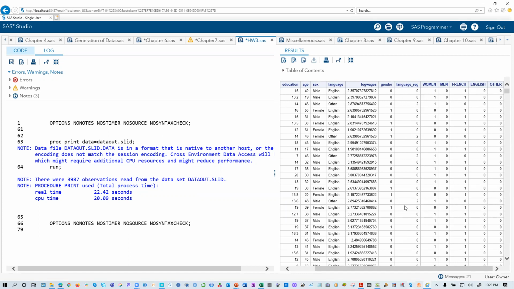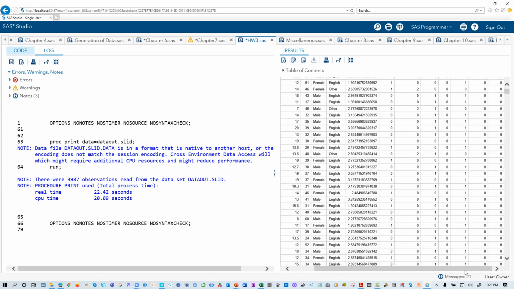Language reg, gender, log wages, language, gender. Look at everything being spread out this way. See, women and men, you can easily identify because that's the way we have. So this is our variable.